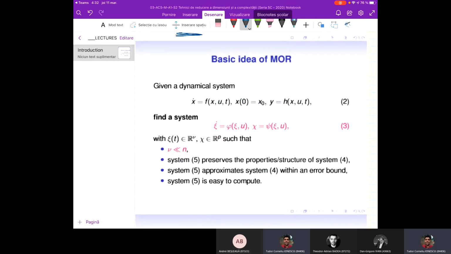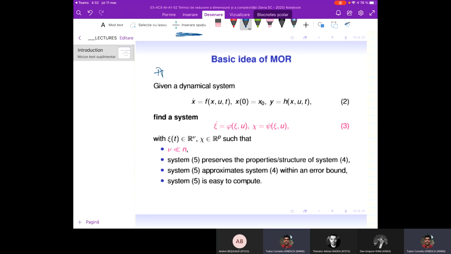If you have a dynamical system, x dot is f(x, u), this is a general dynamical system. This is not actually the basic idea, but it's actually the problem.